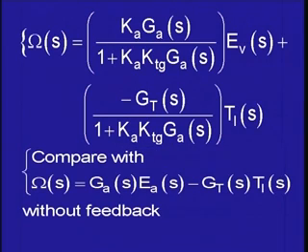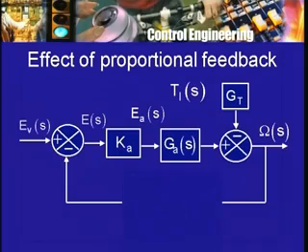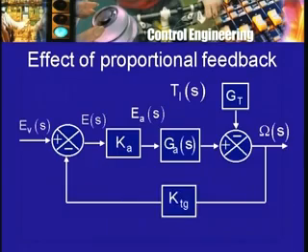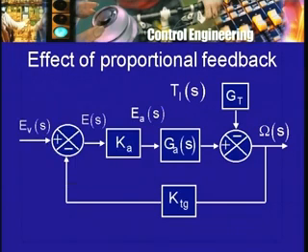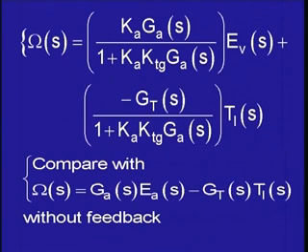If there was no loop, if I remove the feedback path, go back here, if I remove this feedback path, there is no gain, and if I take this as my EA, then there is only GA. Because of the feedback, there is a loop created, and because of the loop, now in place of 1 in the denominator, I have 1 plus something, and so the denominator is going to be greater than 1.